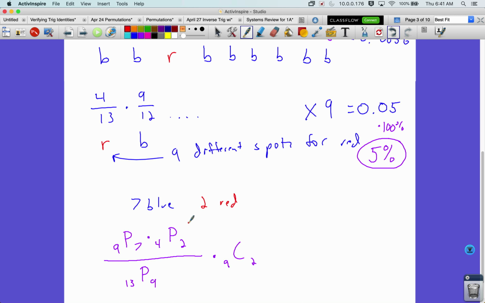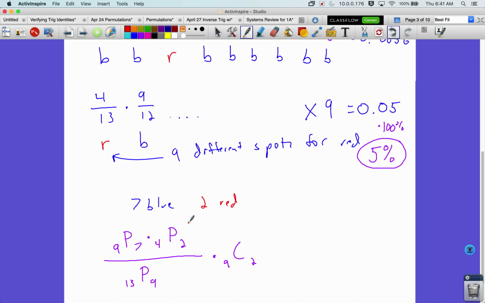So let me just check a few things. 4 pick 2, that should be 4 times 3, that should be 12, and it is 12. All right, so let me plug this all into my calculator and see what I get.